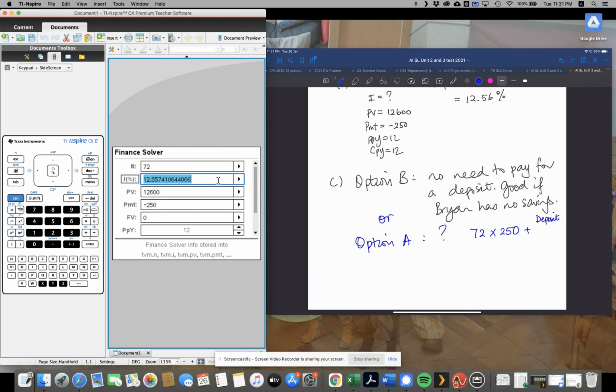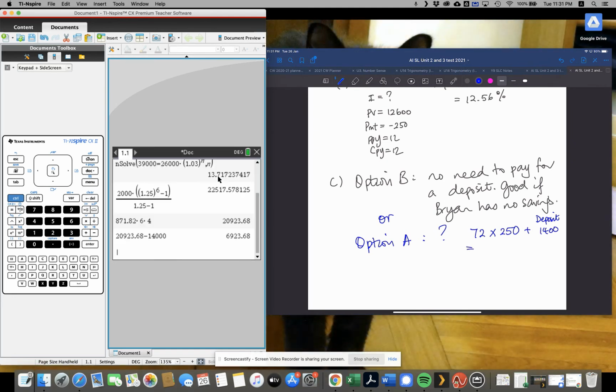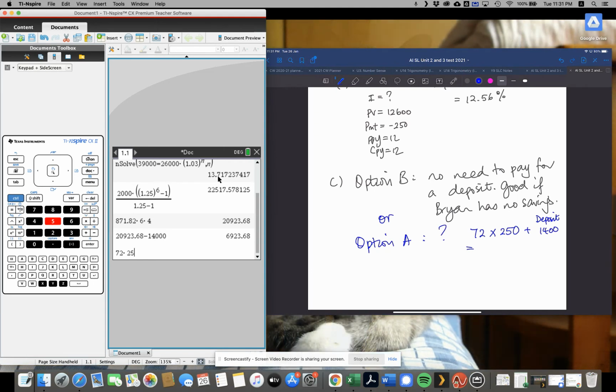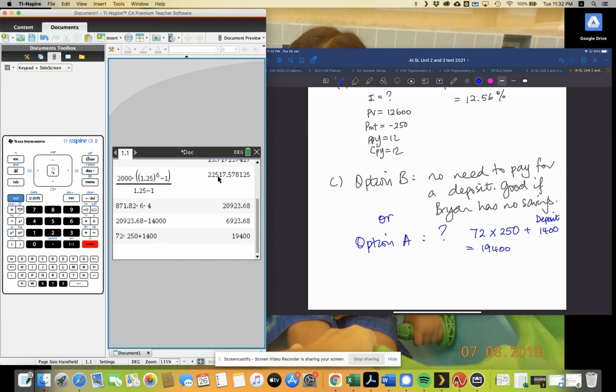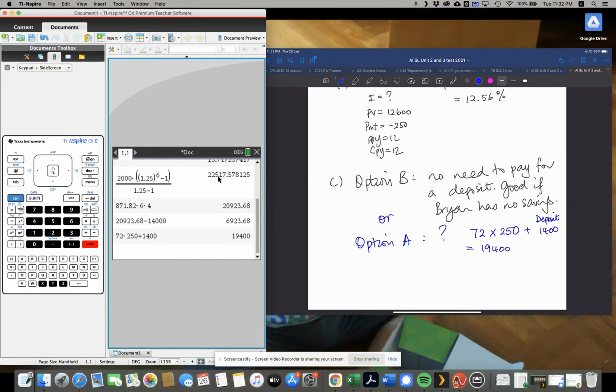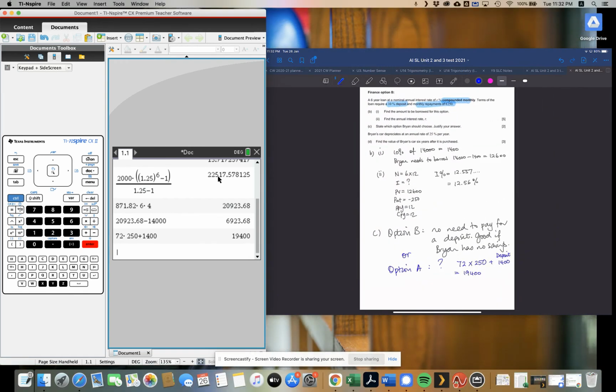That's out of his pocket as well. So he paid that much deposit. Okay, so now 72 times 250 plus that. If he opts for option B, he needs to pay in total 19,400 euros. Which one's more?